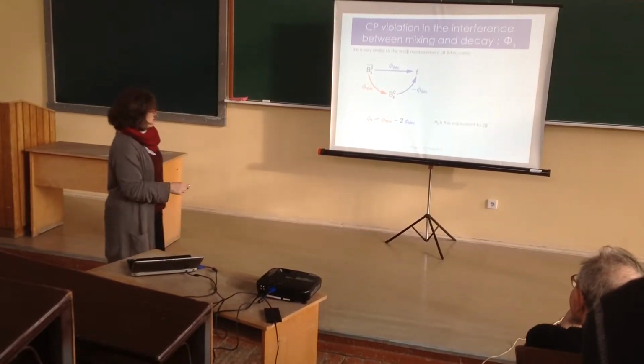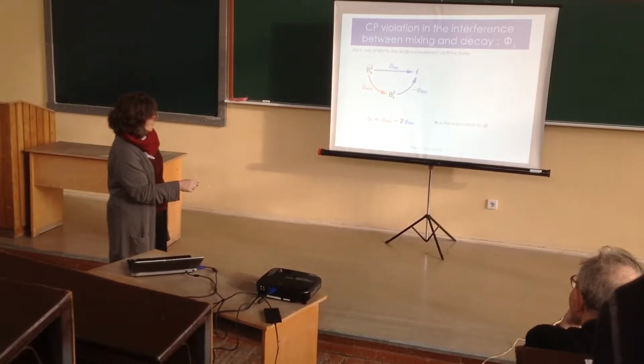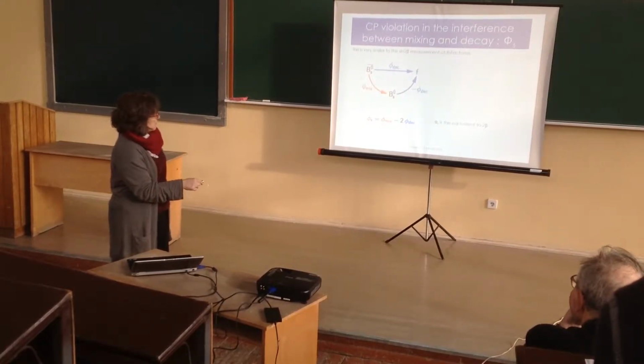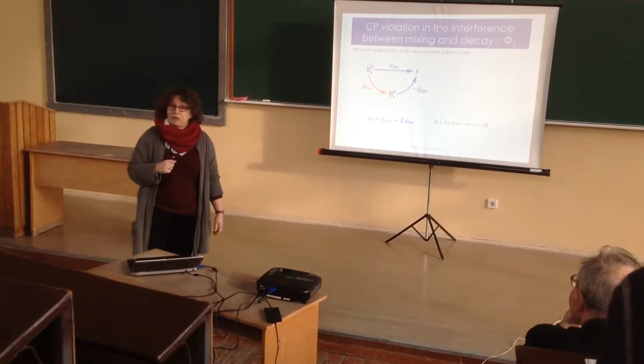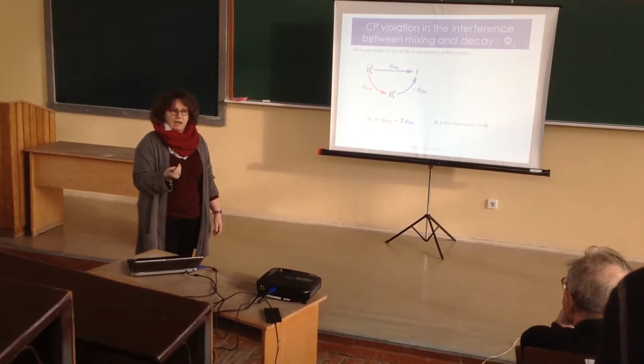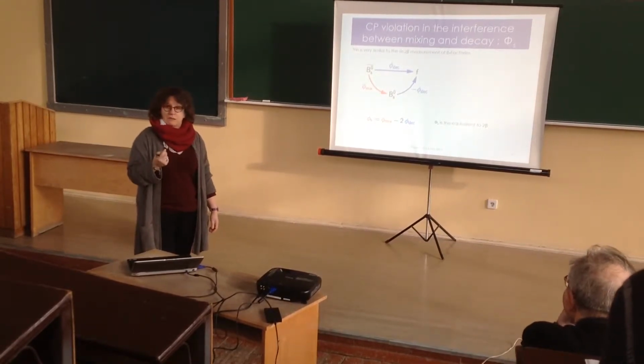So at the end, I have a phase difference between the two paths, which is phi_mix minus twice phi_decay, and this is the angle I'm going to try to measure, which is a sign of CP violation in the B_s system.